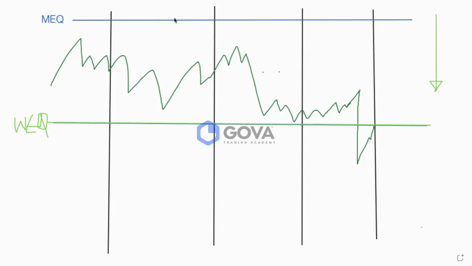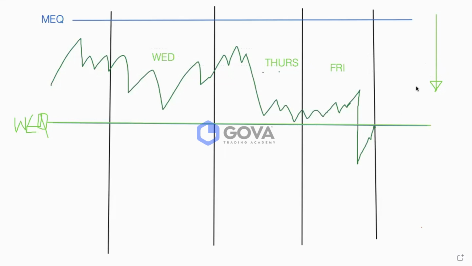this area here can be Thursday or Friday. Let's assume this is Friday. This area here is Thursday. Let's assume this area is Wednesday, and so on.